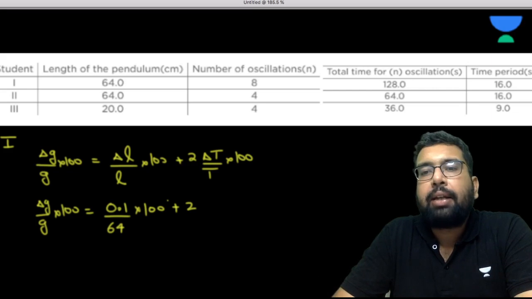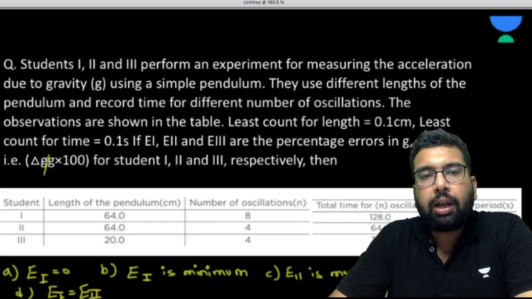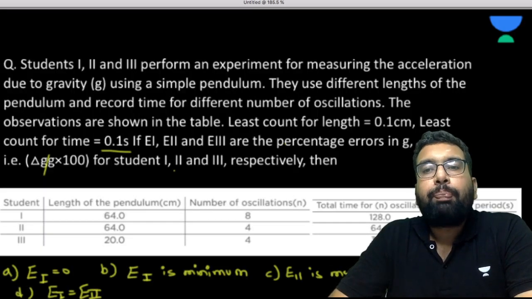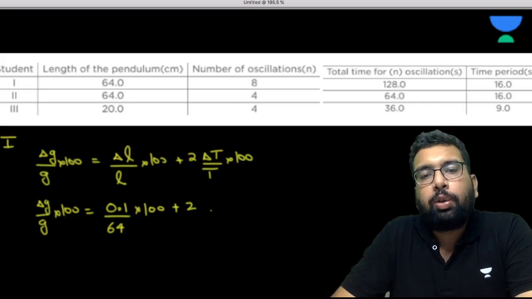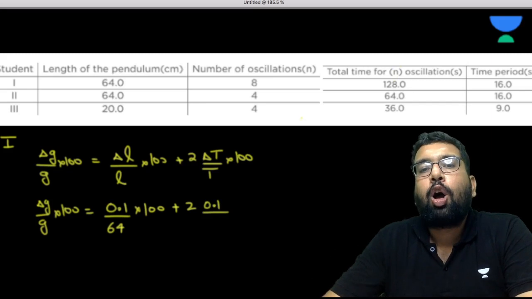Now please understand this. He is using an instrument for time with the least count of 0.1 second. So this least count is the maximum error in the measurement of this n oscillations. So how many oscillations did he take?